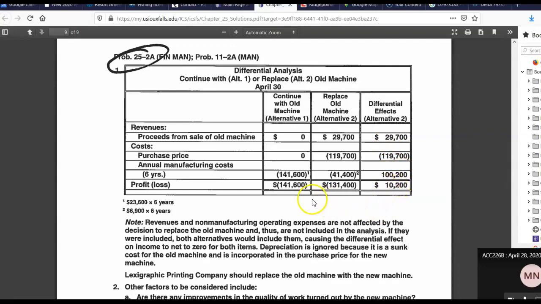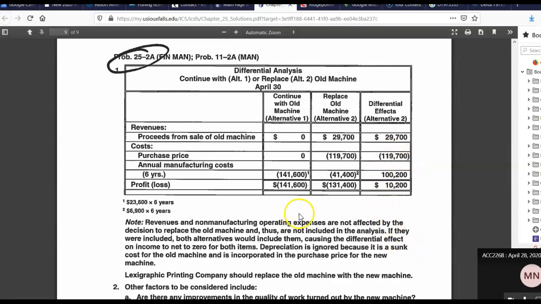In this situation, alternative 2 is more advantageous than continuing with the old by $10,200. Considering the purchase price and everything, it was more advantageous for us to go to the new, by 10,200.